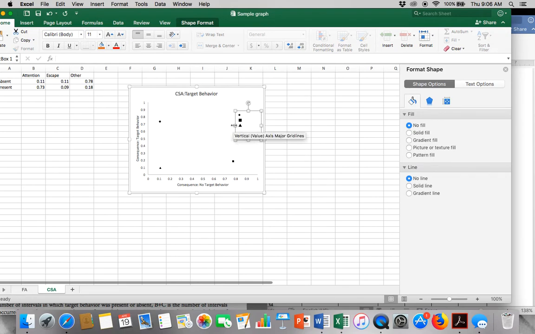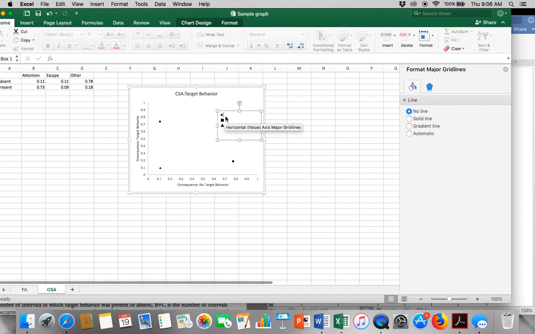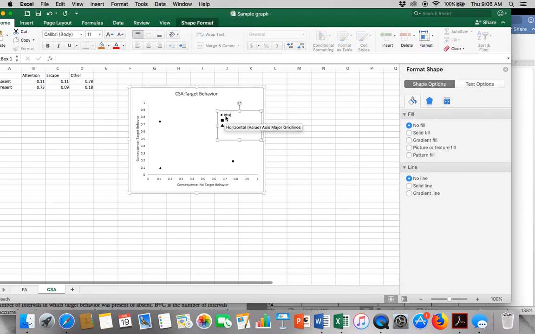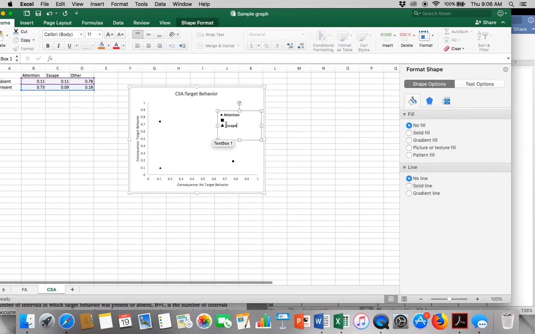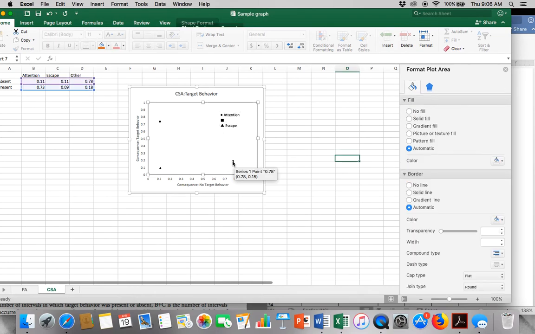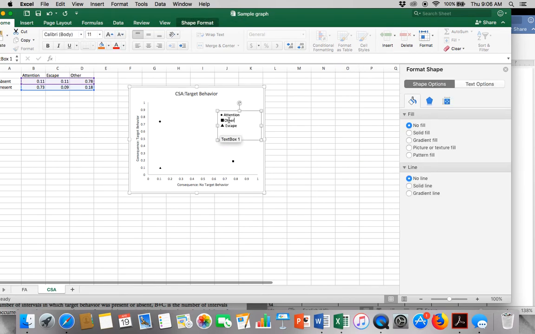Okay, so now you're just going to want to write what each of these are. So the circle was our attention. Triangle was escape. And square was other.